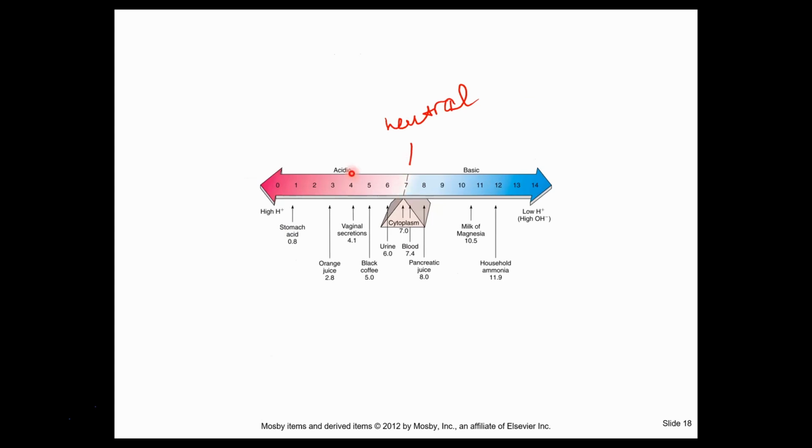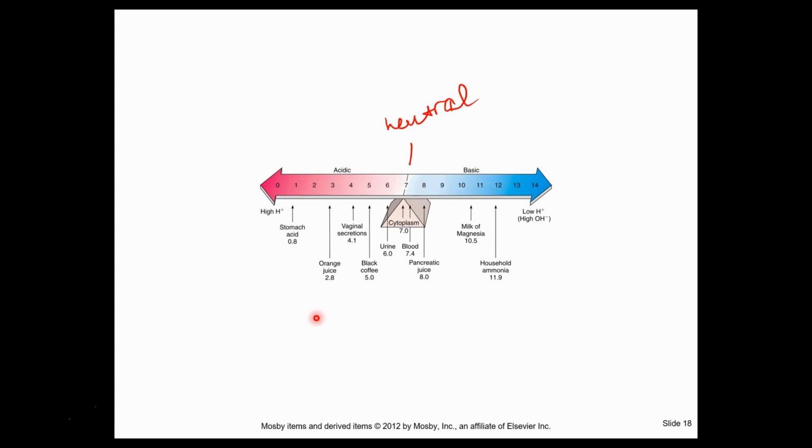That means you have the same number of hydrogen as hydroxide ions, so they balance each other. Now, as you can see, if you have more hydroxide ions, then the solution becomes more basic. If you have more hydrogen ions, it becomes more acidic.